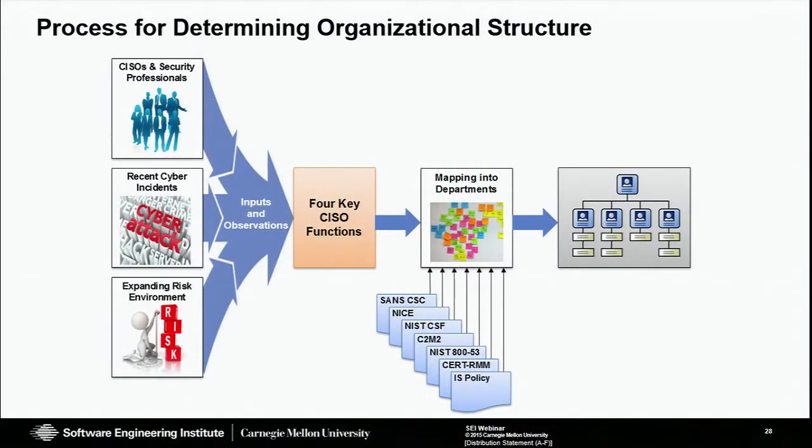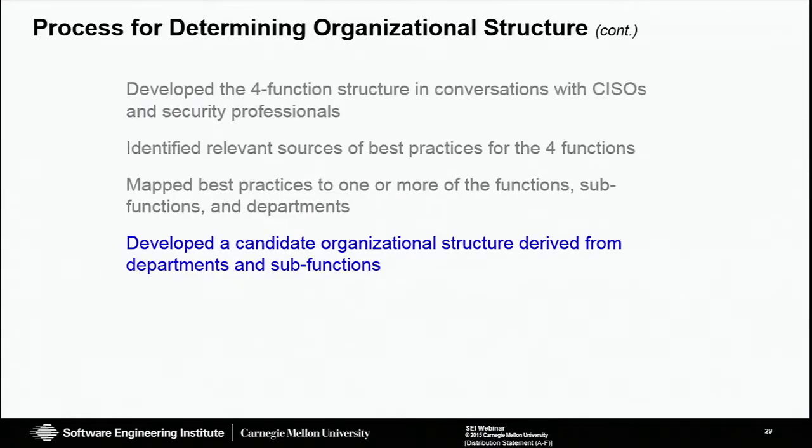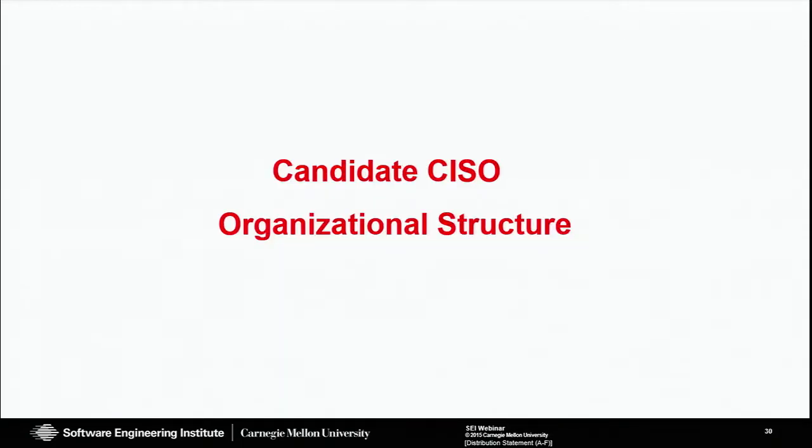So this is the level of detail that's available that eventually led us to draw a hypothetical org structure that one may see in their enterprise as the structure of their Chief Information Security Officer. So we do have a sample of such a structure, and I'm going to let Julia walk you through it.